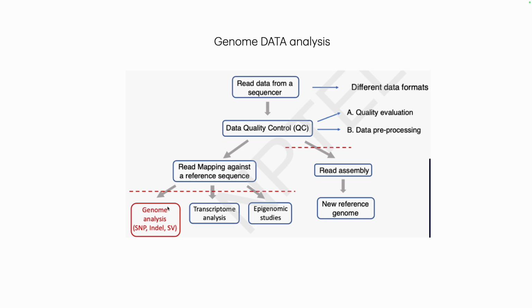Now, for today's class, we want to focus on the structural variants in the genome that we are analyzing. Then we'll go on to transcriptome analysis. We'll go into RNA sequencing, how it is done, and what the various tools used to analyze the RNA-seq data are. So we'll be covering those two today.